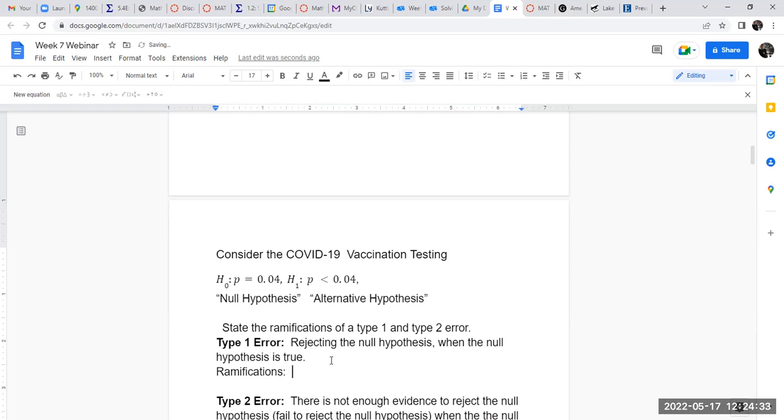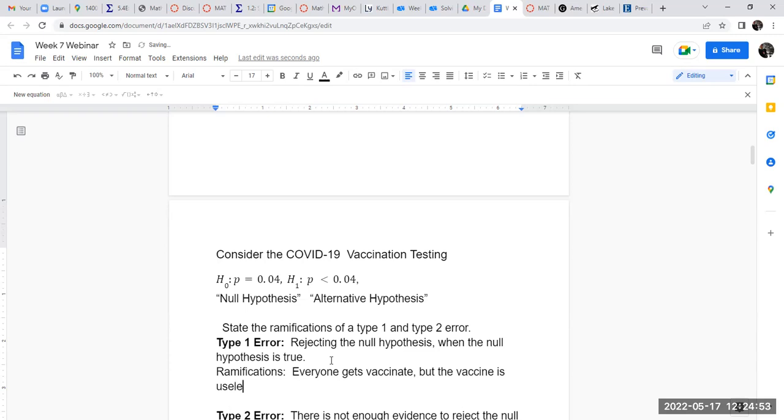Not everyone gets COVID, only 4% still get COVID, but everyone gets vaccinated. But the vaccine is useless.